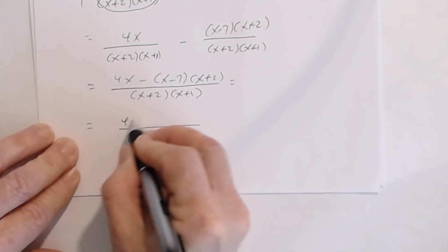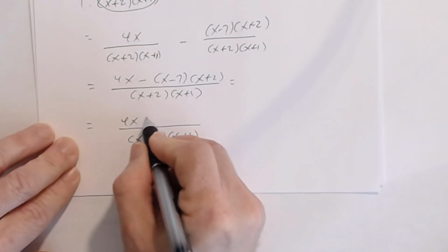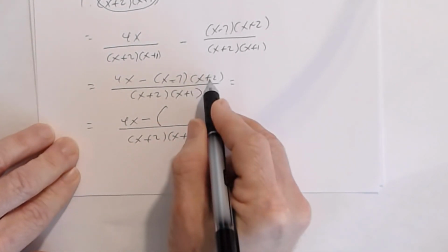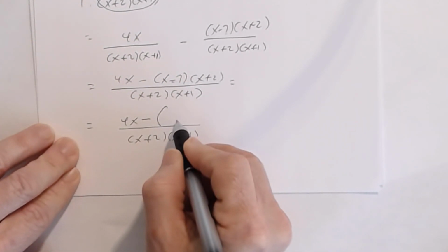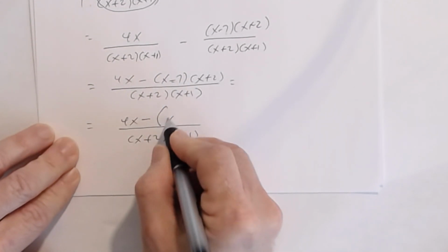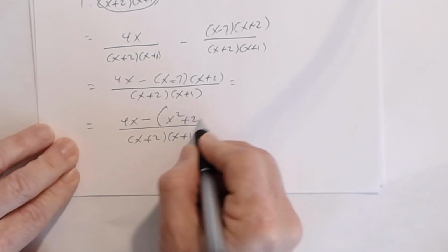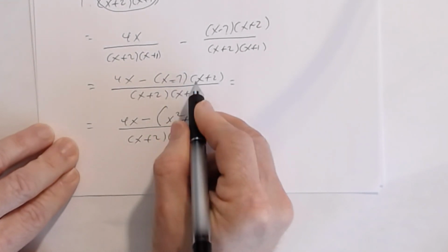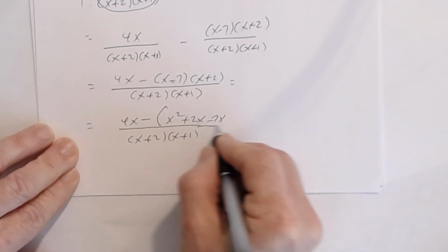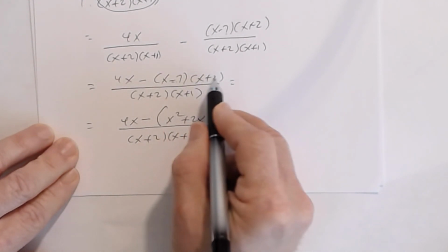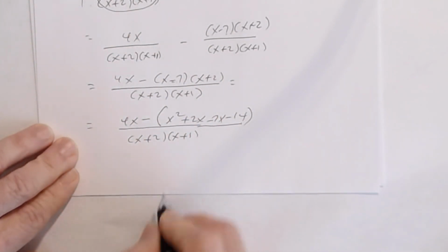You get 4x, minus, and you're going to put all of this in parentheses. x times x is x squared. The outer, x times 2, is 2x. The inner, negative 7 times x, is negative 7x. And the last, negative 7 times 2, is negative 14.